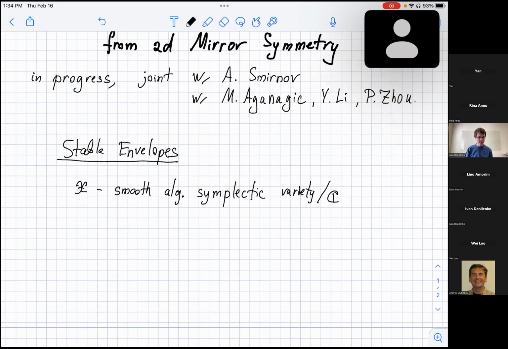I will act by a certain torus on it, an algebraic torus action.